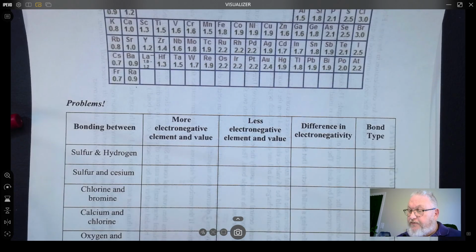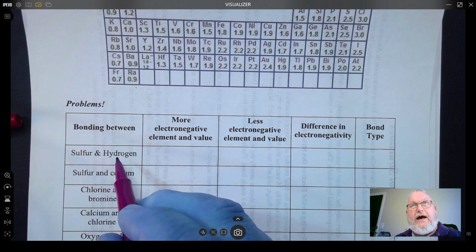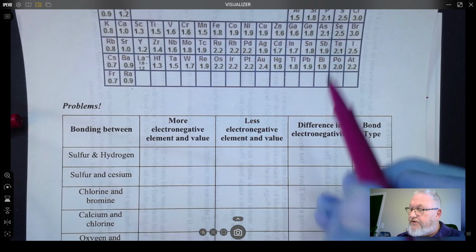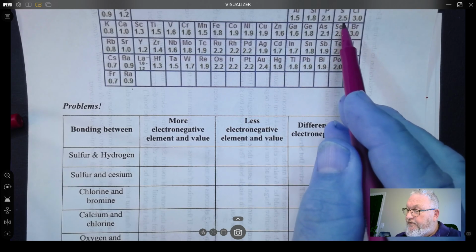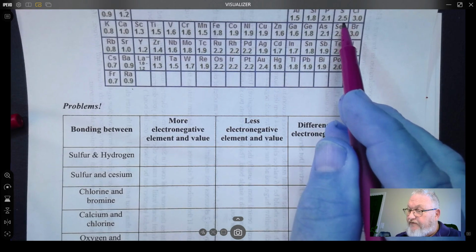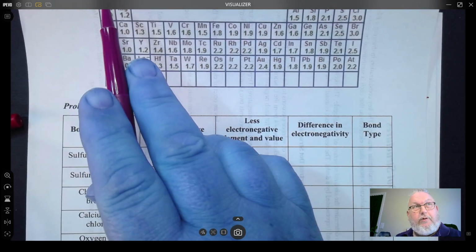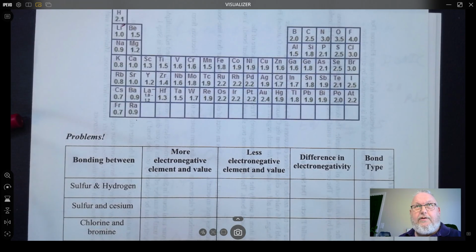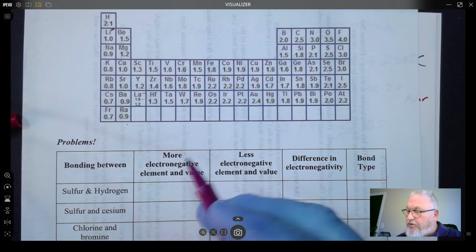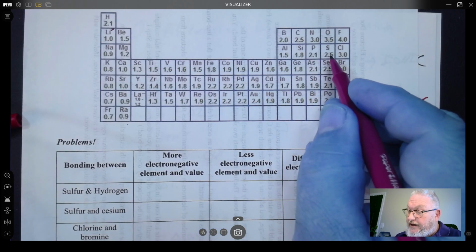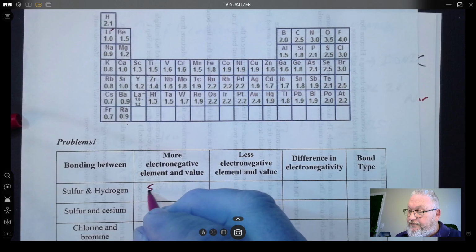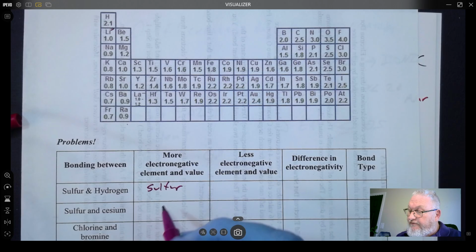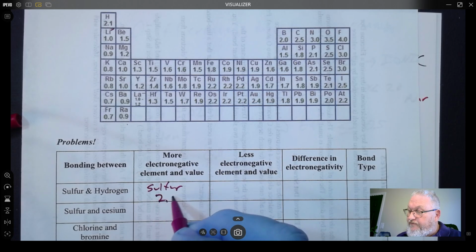So it's looking for the difference between sulfur and hydrogen. What type of bond is a sulfur-hydrogen type? Let's look. Sulfur has an electronegativity of 2.5. Hydrogen is 2.1. Which one's more electronegative? It would, of course, be sulfur. Write down sulfur, and the value is 2.5.